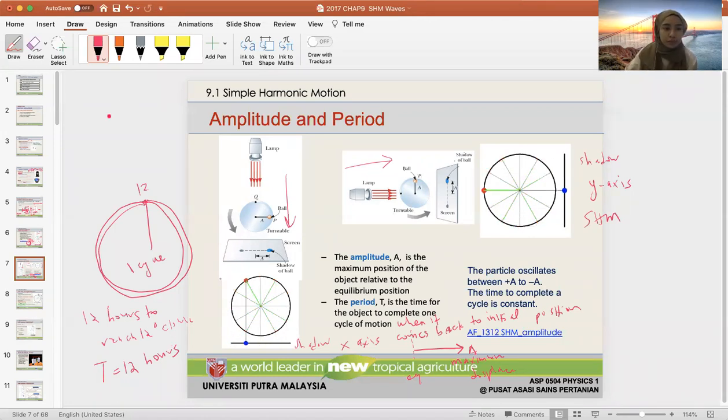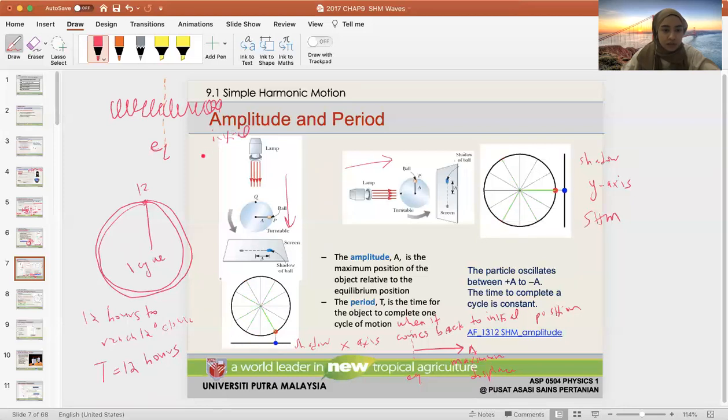Okay, for a spring, it's lagging. My writing is worse than usual. Where's my equilibrium? Okay, this is my equilibrium. I stretch it, so it starts from here. This is my initial, for example.